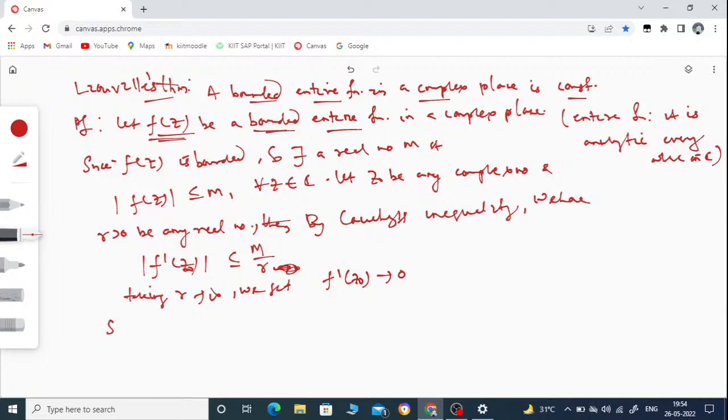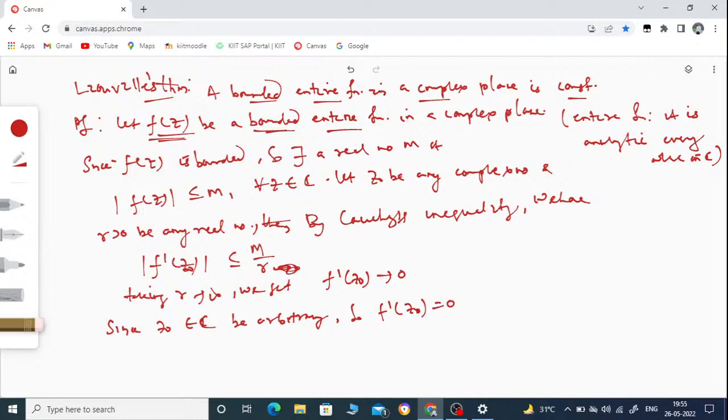Since z naught belongs to C and is arbitrary, f dash z naught is equal to 0.